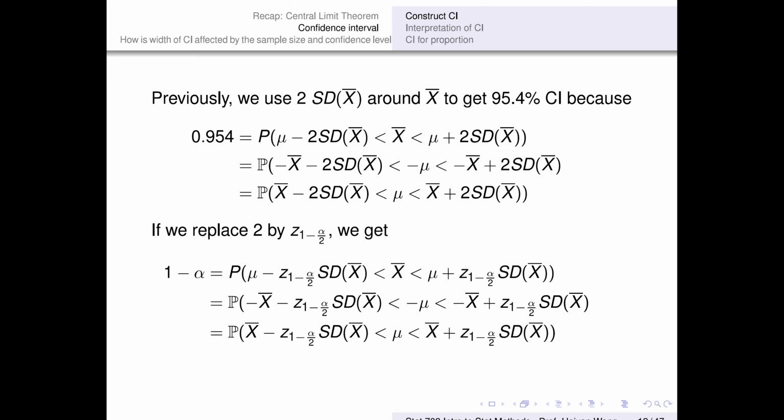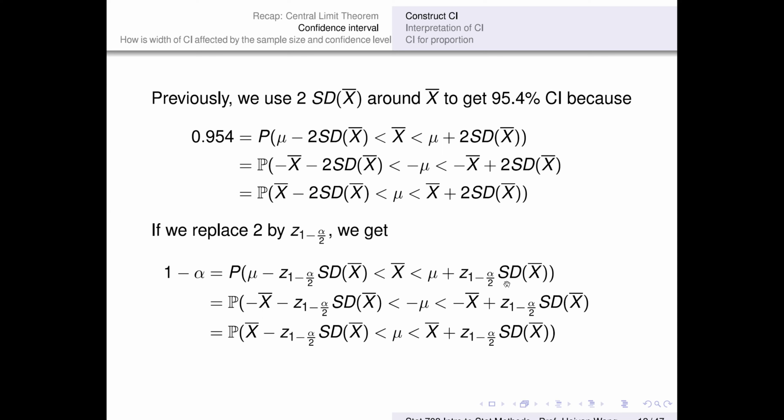And now consider, instead of the 2, what if we replace the 2 by another value? Say, for example, if we use a percentile from the normal distribution, the 1 minus alpha over 2 percentile, then consider X bar minus mu divided by the standard deviation, within this z of 1 minus alpha over 2.